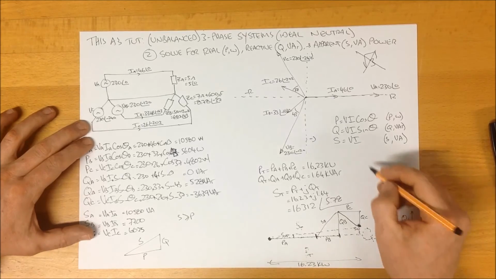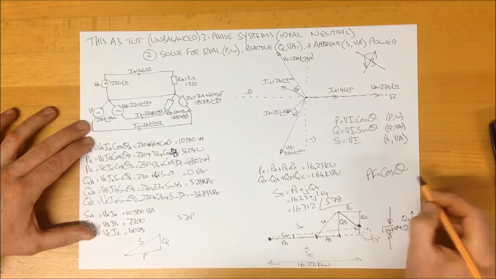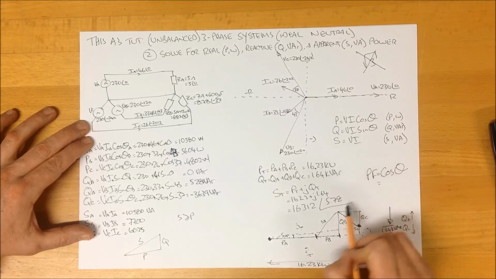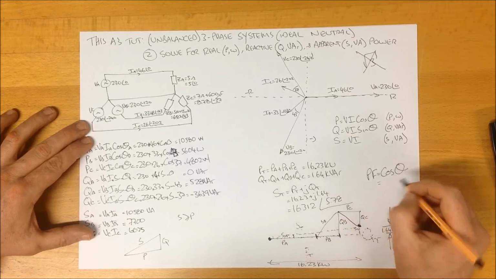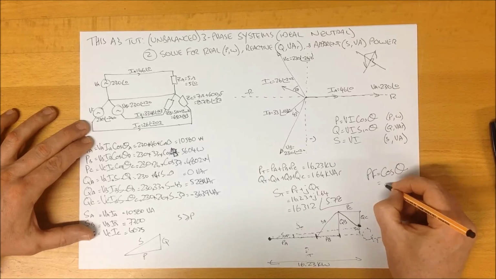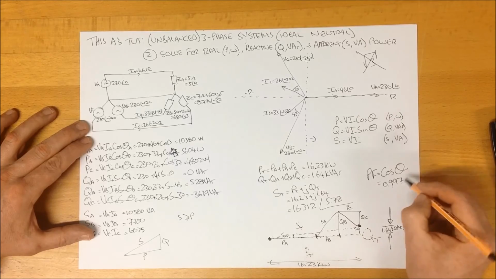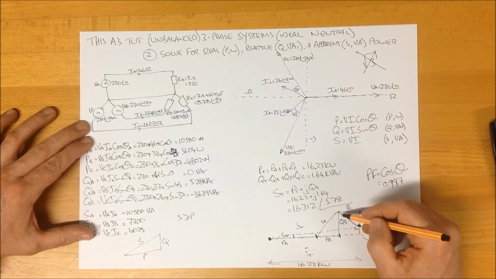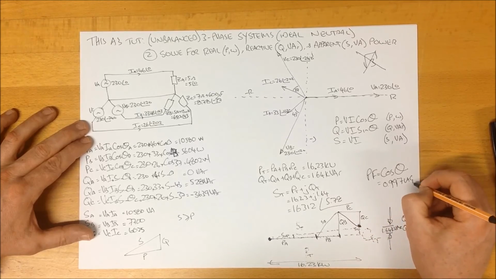We can find out the total power factor in our system: the cosine of that angle of 5.78, which is 0.997. And is it a leading or a lagging power factor? It's inductive. The capacitive does not completely cancel out the inductive, so that is a lagging power factor.